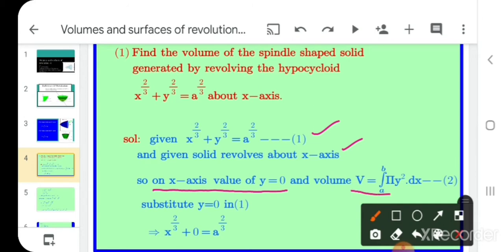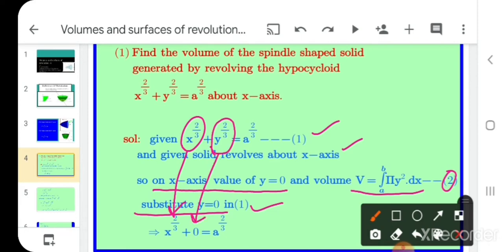And the formula of volume is V equals integral a to b pi y square dx, let this be equation number 2. Next, I substitute y equals 0 in equation 1, the given equation. Then we get x power 2/3, same. Put y equals 0, what do we get? 0. The rest remains the same: a power 2/3.